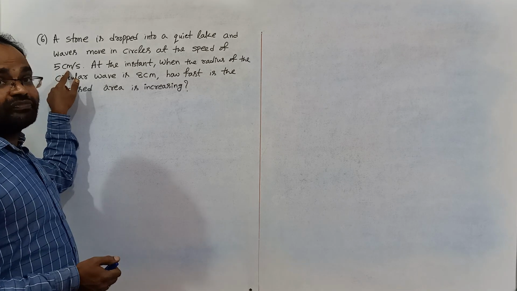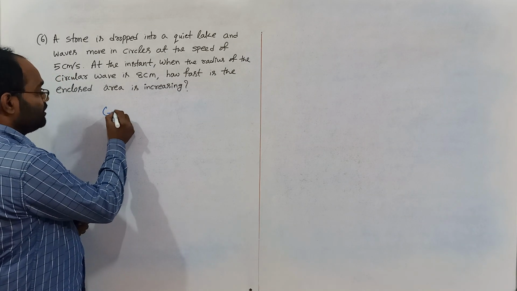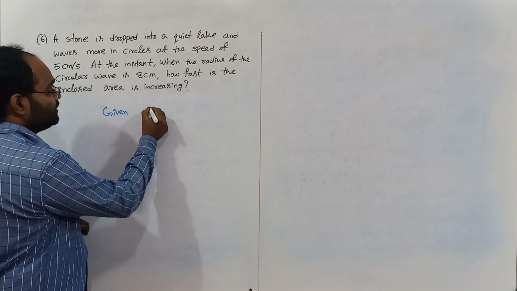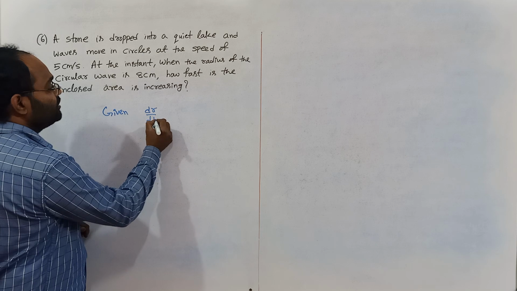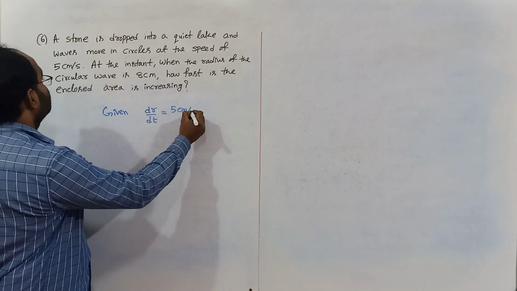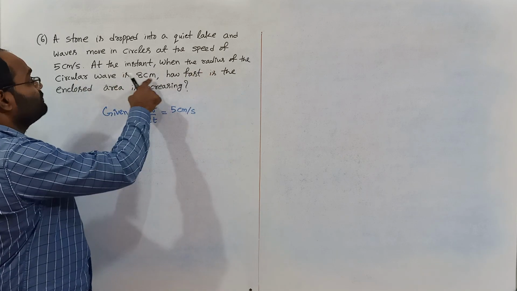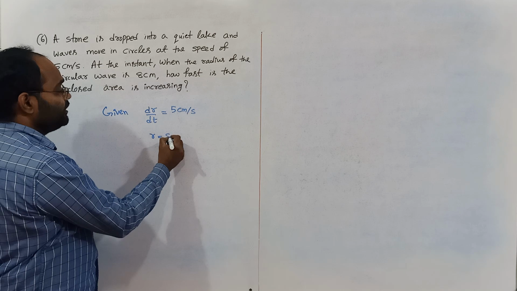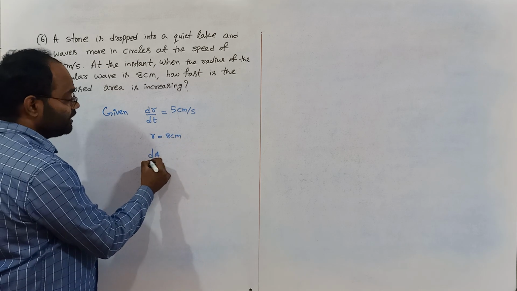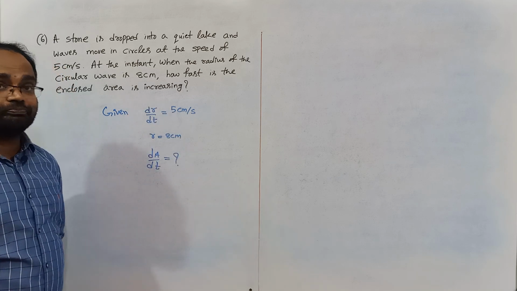That is given: dr by dt is 5 centimeter per second, and r is equal to 8 centimeter. We have to find dA by dt.